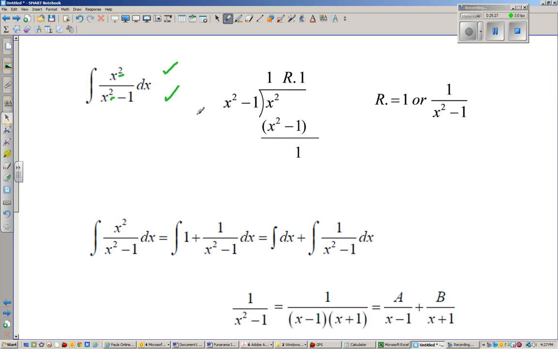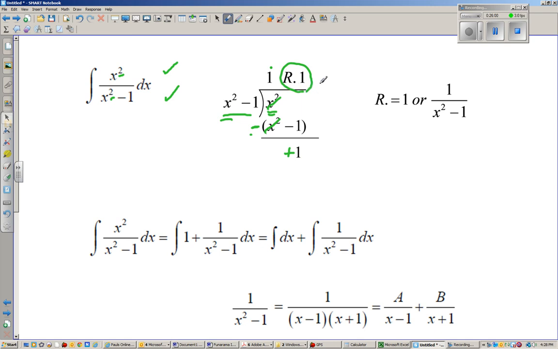That is to take the denominator into the numerator, and I hope you've done this, where you take the first into the first and you say, well, that goes in exactly one time, and then 1 times x squared minus 1 would give you the x squared minus 1, and then you would put a subtraction sign and the x squared would drop, and minus a minus 1 would leave you a plus 1, and maybe in your problems when you did these in the past you'd write the remainder is 1.